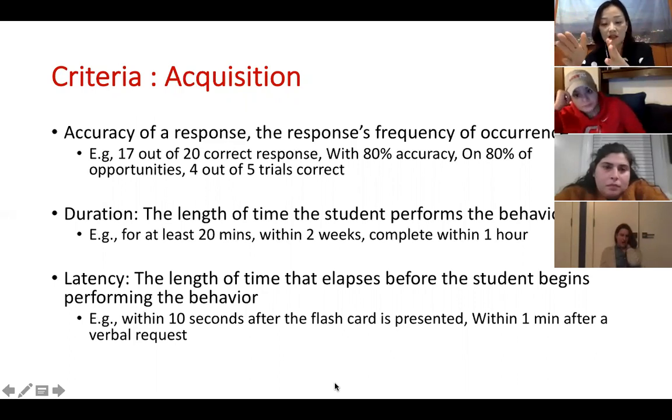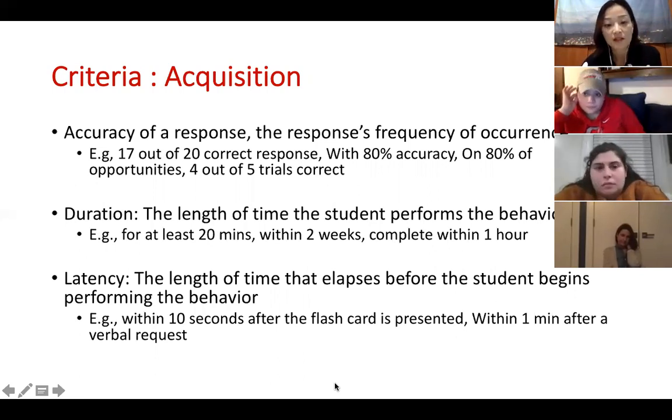So that's latency. You want to decrease the duration between your direction and the student's behavior, so the student can follow direction well when you say something, right? So that's latency. The length of time that elapses before the student begins performing the behavior.